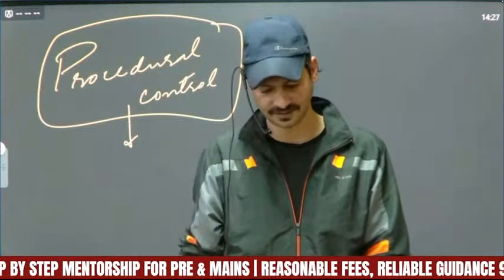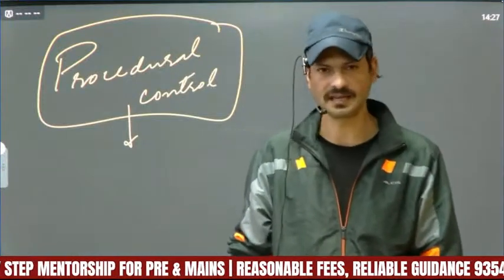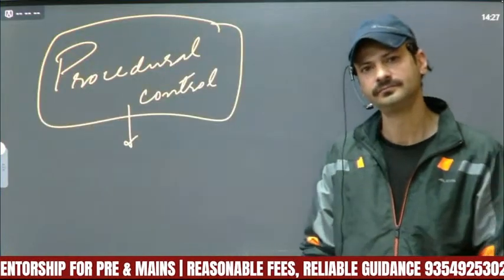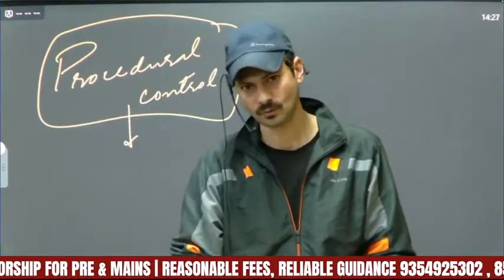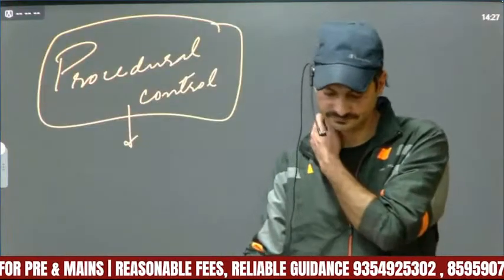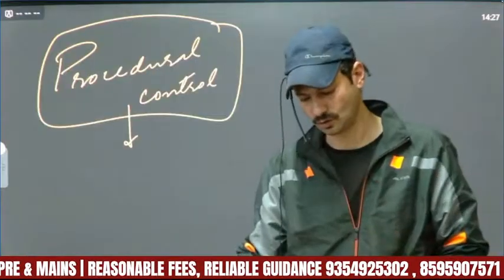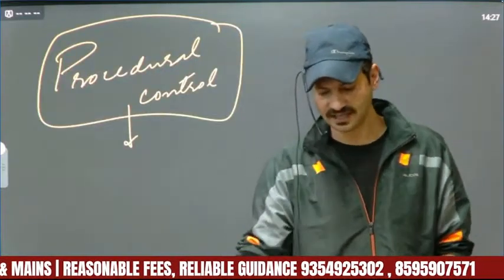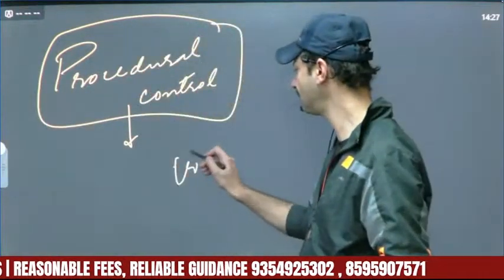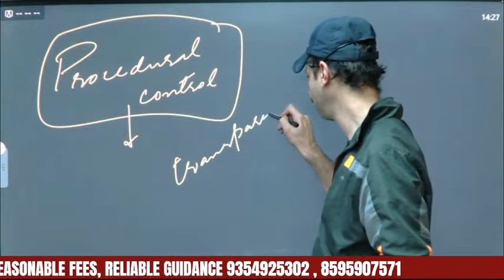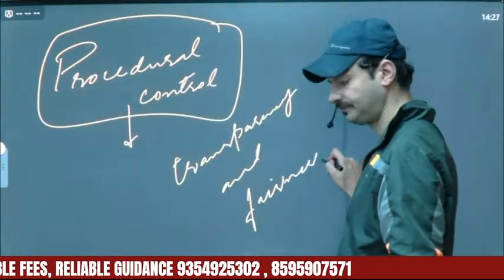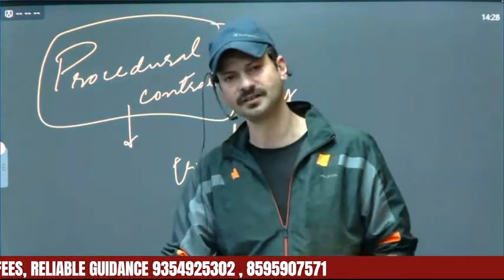Without proper publication, delegated legislation may not be enforceable, because people need to know what is prevented, what is prohibited, what is lawful and what is not lawful. So these procedural safeguards bring in transparency and fairness in administrative governance.